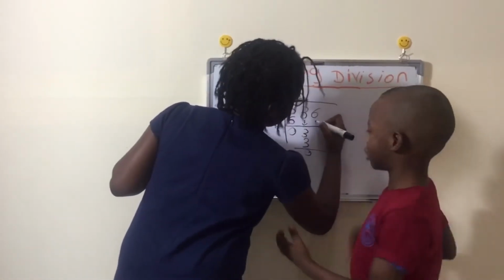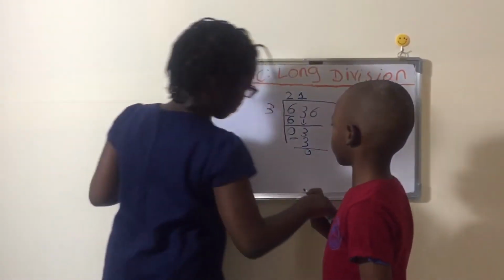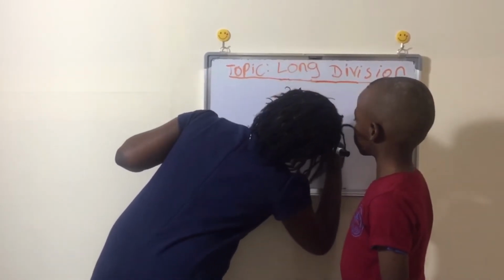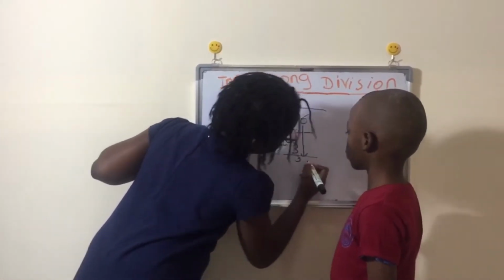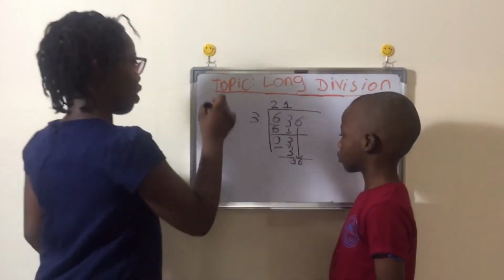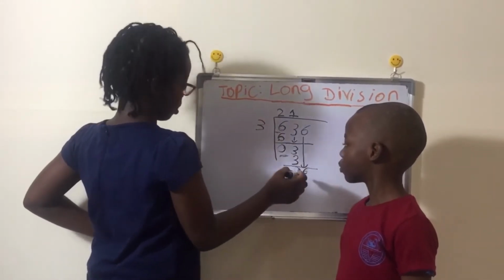Now, how we got 0 is because we are minusing. Now we bring down our 6 down here. So now, how many times will 3 enter 6?